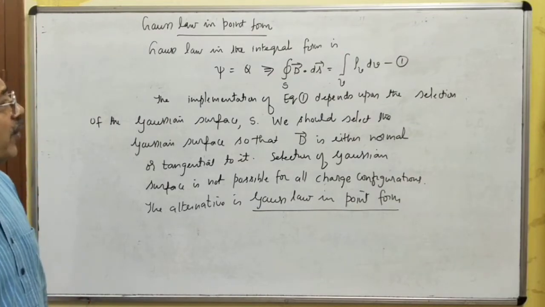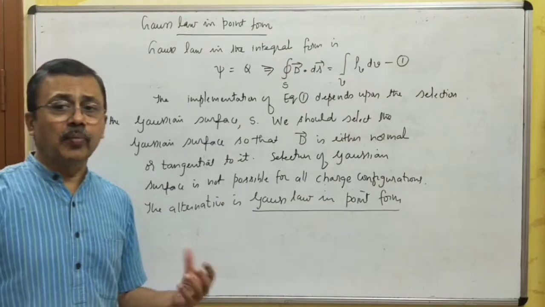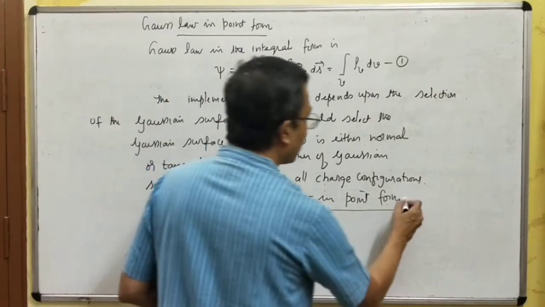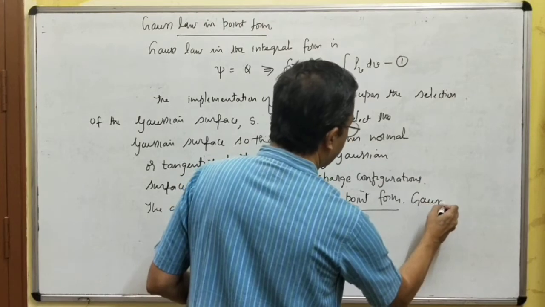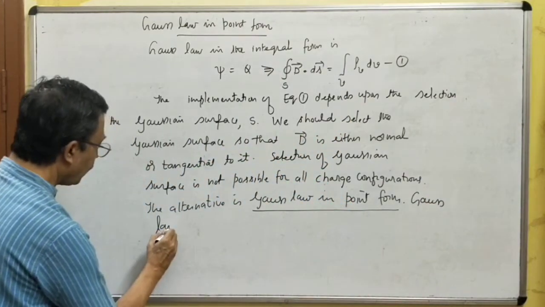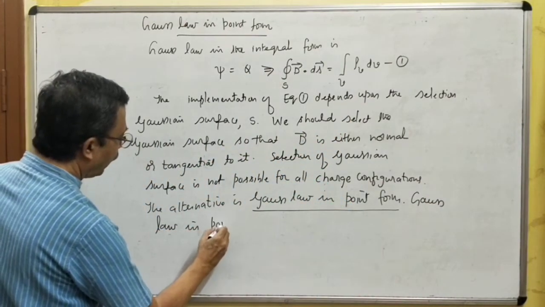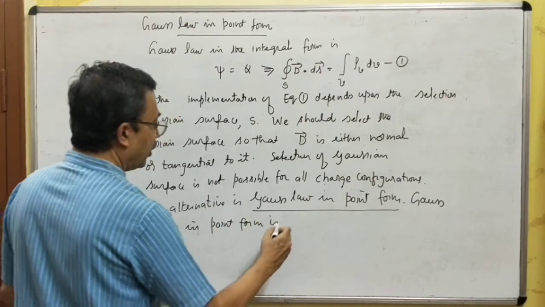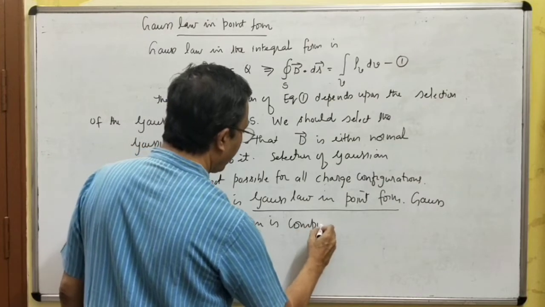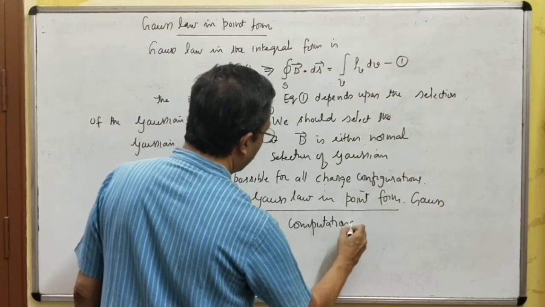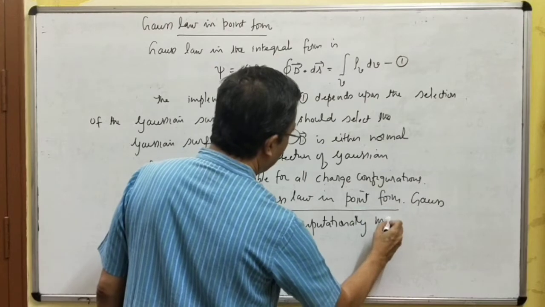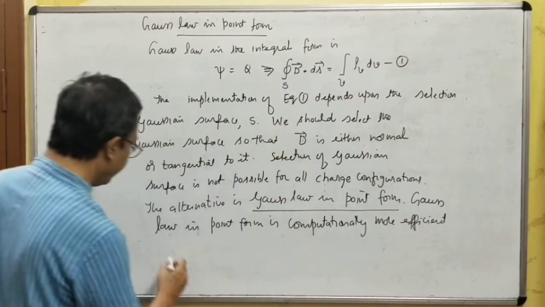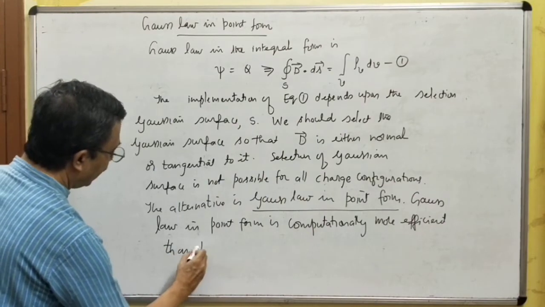Gauss law in point form has an advantage. It is computationally more efficient than Gauss law in the integral form.